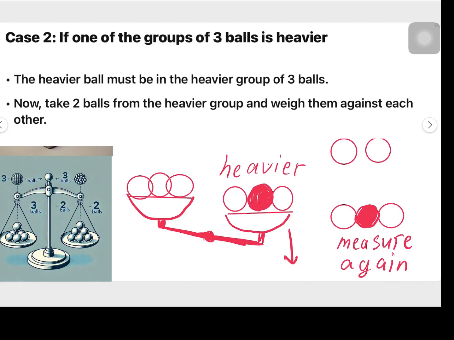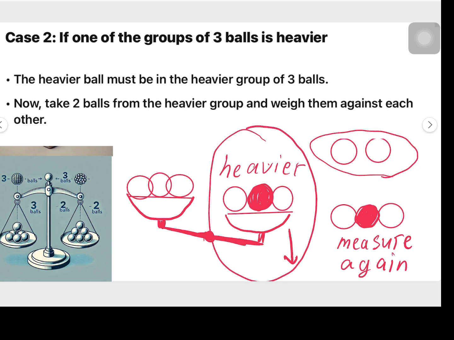Case number 2, if one of the groups of 3 balls is heavier, like in this picture, the 2 balls which I didn't measure do not need to be considered, because they will be balanced. I need to consider the heavier group of 3 balls, and I take two of these balls and measure again.